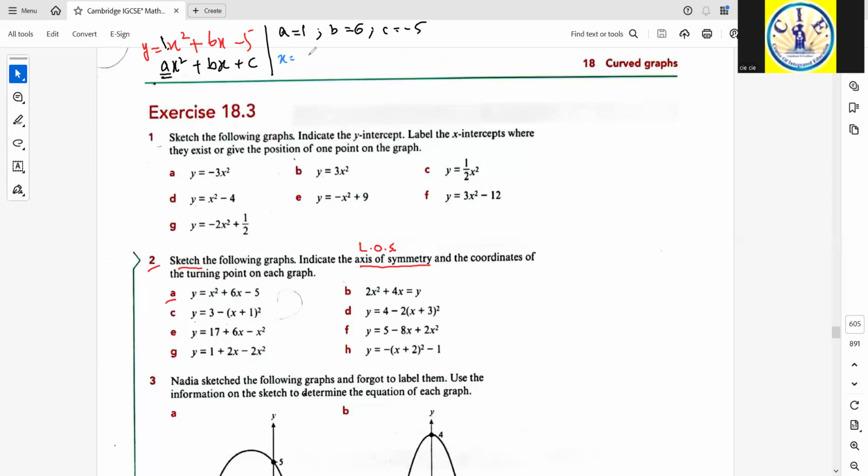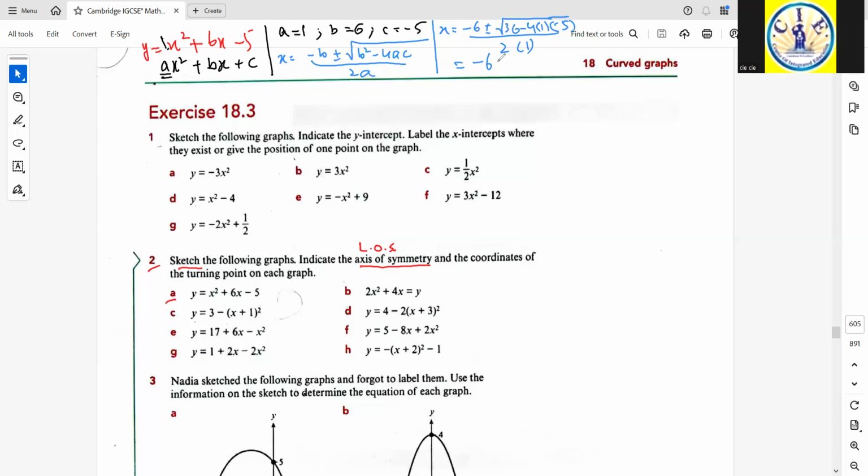x equals -b plus minus. Substituting the values: negative b, which is -6, plus minus the square root of 6 squared, which is 36, minus 4 times a, which is 1, times c, which is -5, divided by 2 times 1.